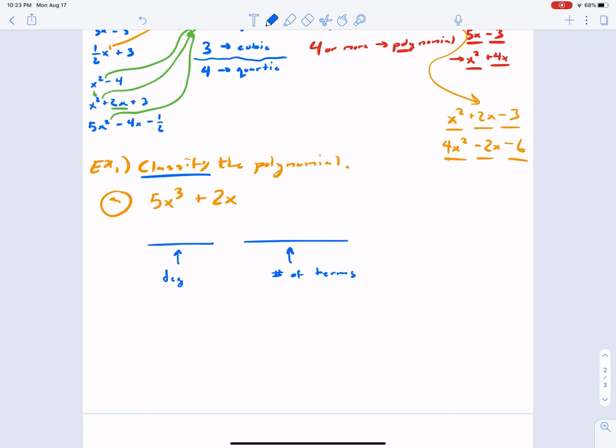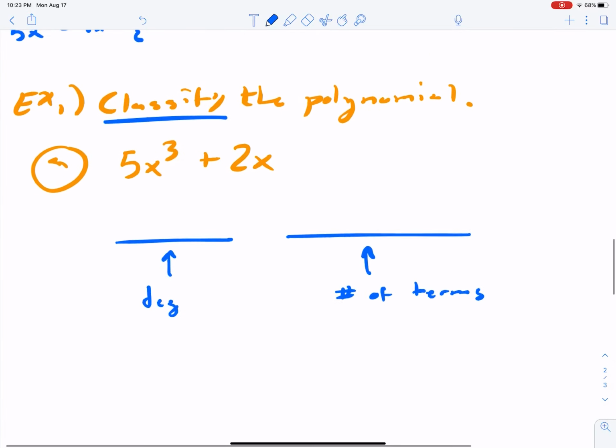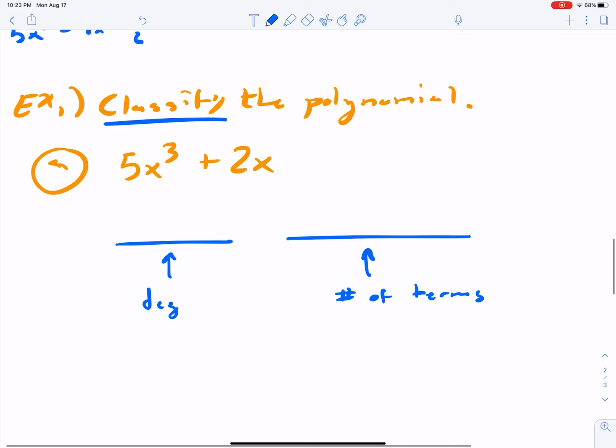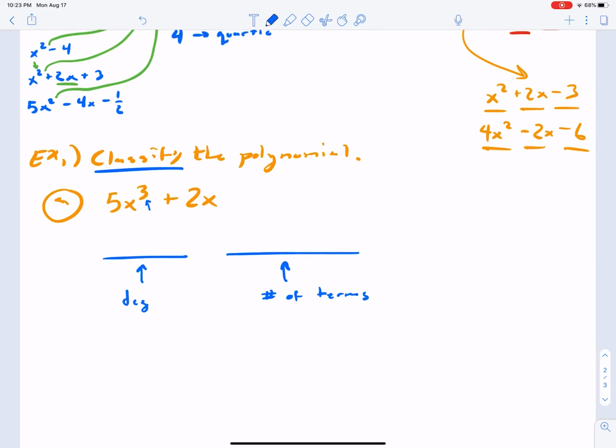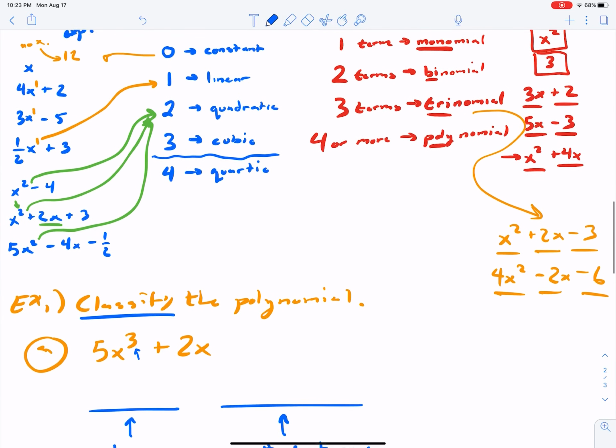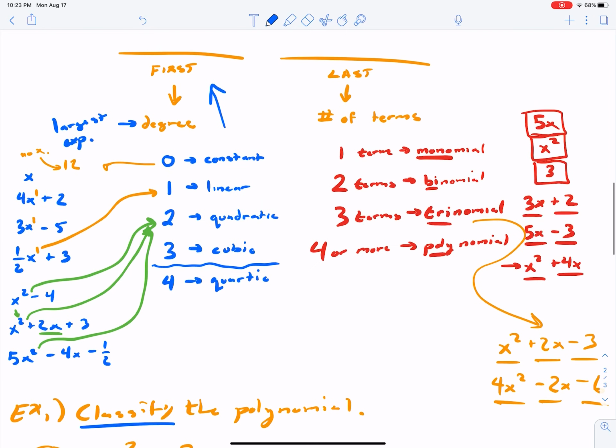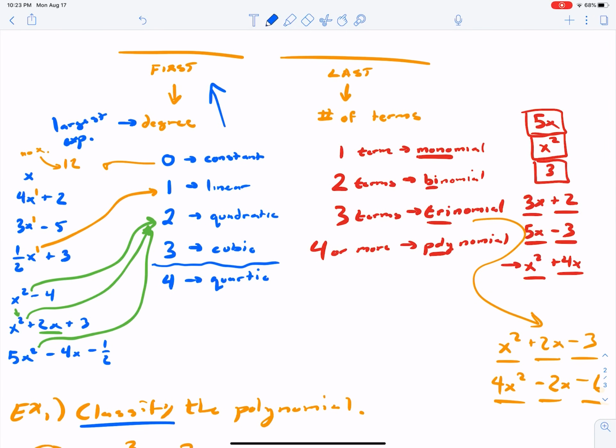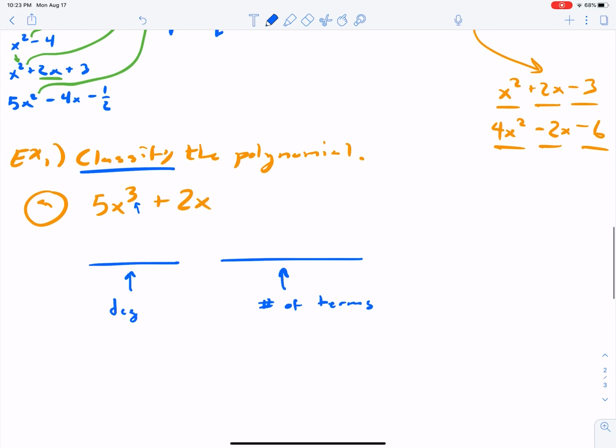So when you take a look at this expression, okay, we call it an expression because there's no equal sign, okay? When you look at this expression, the largest degree is what, right? The largest degree is a 3 here. So when you have a degree of 3, we look back at our chart. And again, you guys could use this here, but slowly try to pull away from it, okay? Since it's a degree of 3, we're going to call it a cubic, okay?